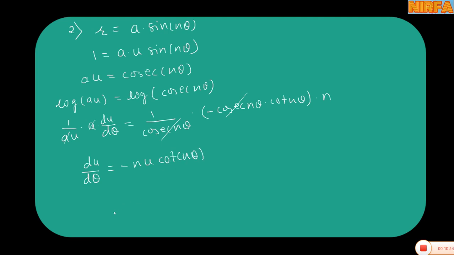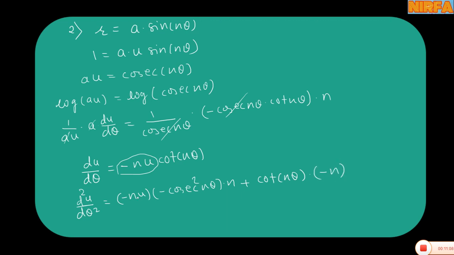Okay. Now differentiate again with respect to theta. You will get d2u by d theta square is equal to, suppose this is the first function, keeping the first function as it is, the derivative of the second, that is minus cosec square n theta into n, plus cot of n theta keeping as it is, and the derivative of the first function, that is minus n.